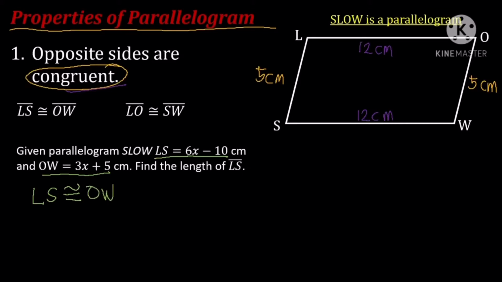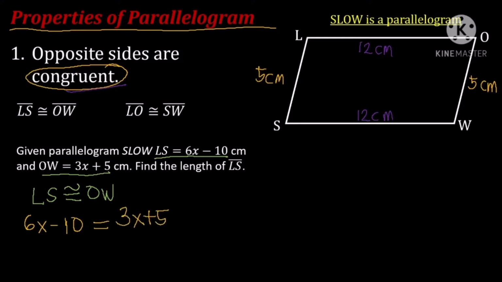Since they are congruent, their measurements are equal. So, LS is 6x minus 10 equals, ang measurement ni OW is 3x plus 5. Then, apply natin ang addition property of equality.